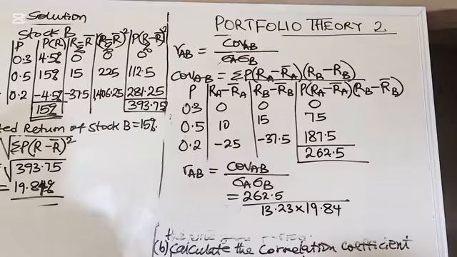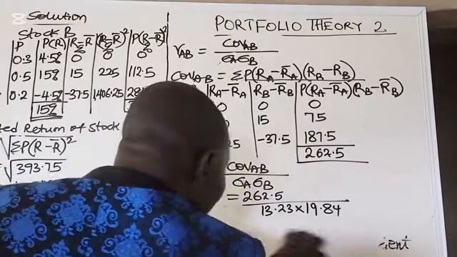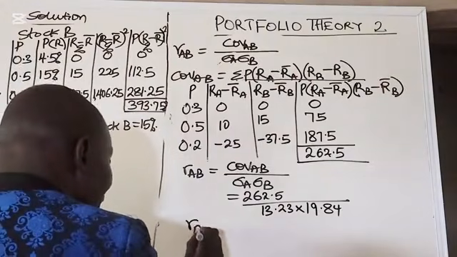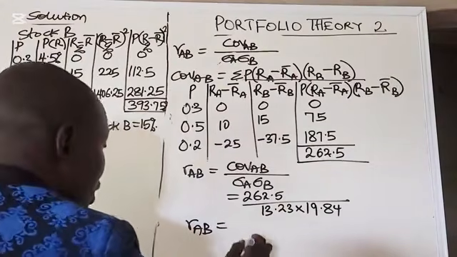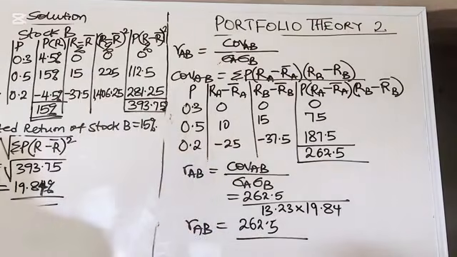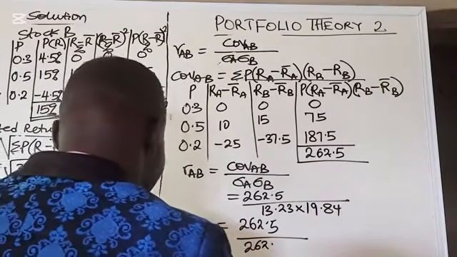Now that you have all the variables required, the correlation coefficient equals 262.5, which is our covariance, over the product in the denominator, 13.23 times 19.84. That gives us 262.4832.